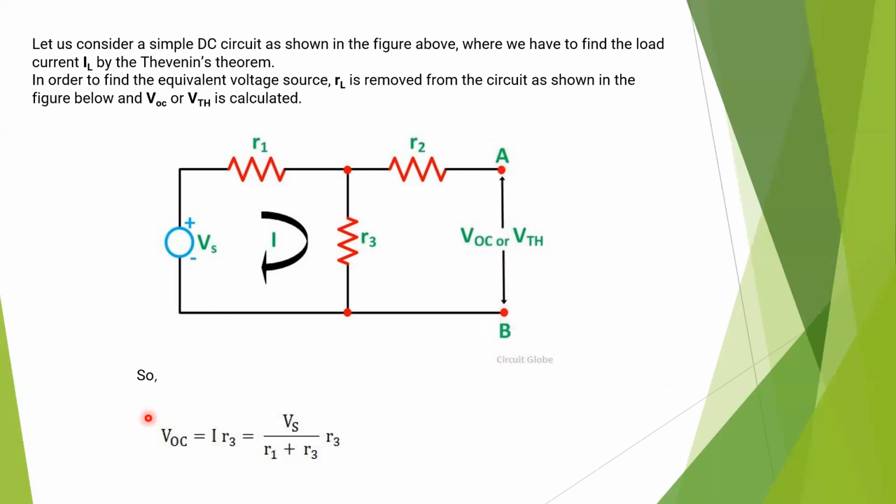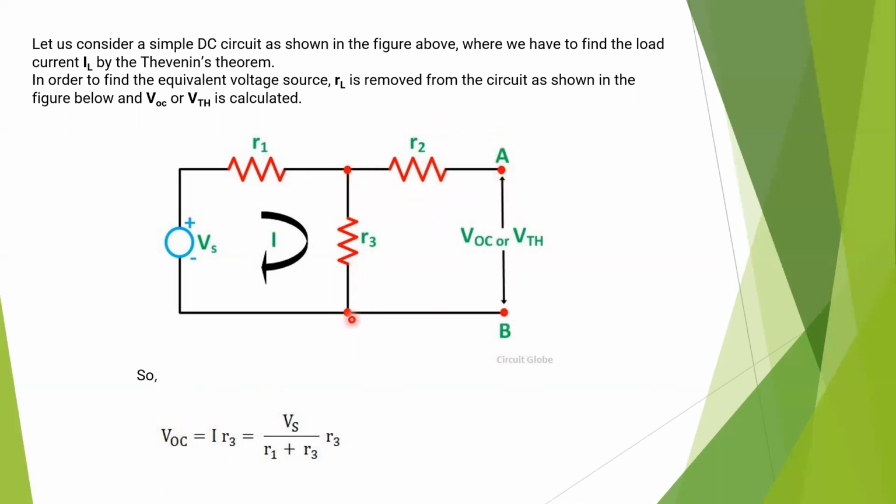So in this circuit, the open circuit voltage, that is VOC, should be equal to I into R3. So whatever the voltage drop across R3 is, that should be the open circuit voltage. R2 is not considered here because when the circuit is open, the current through R2 tends to 0.